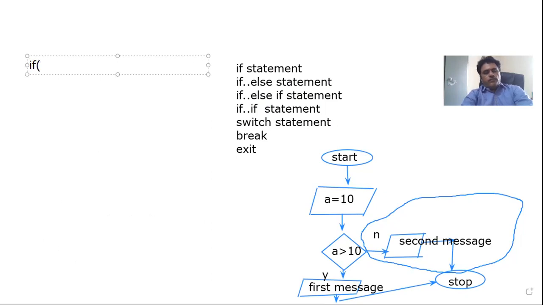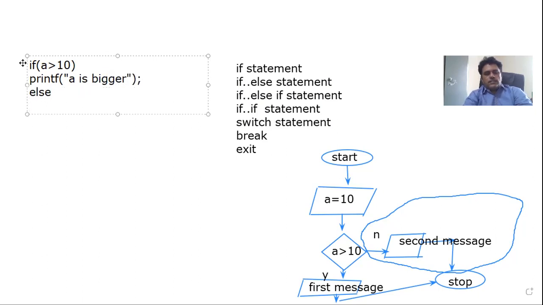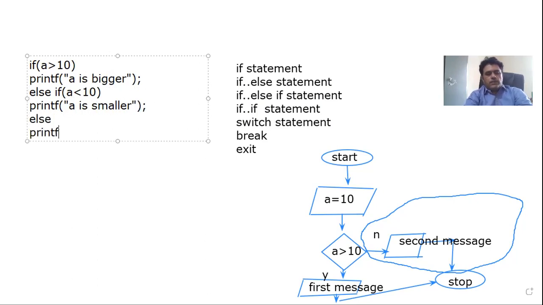For example, if A greater than 10, printf "A is bigger", else if A less than 10, printf "A is smaller", else printf "A is equal to 10."